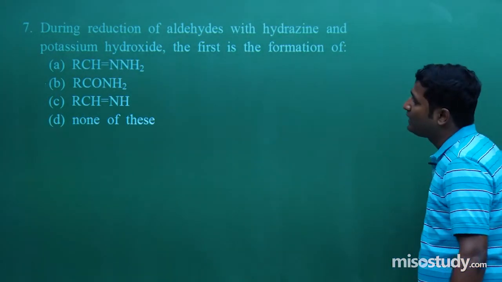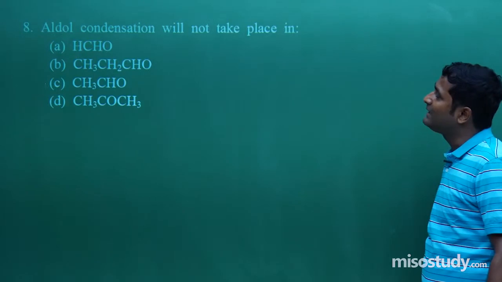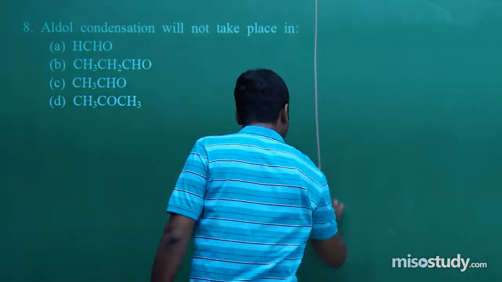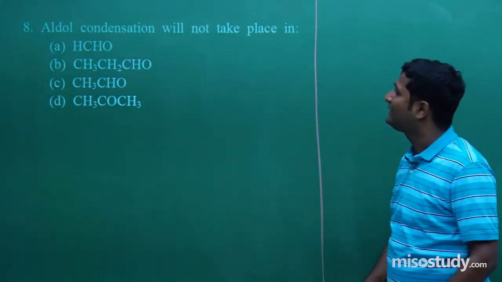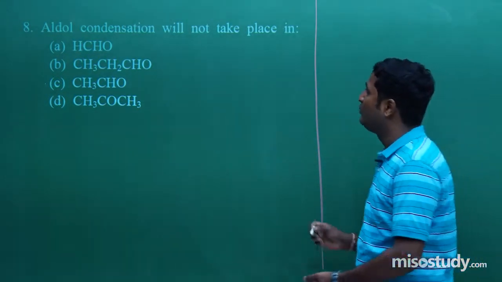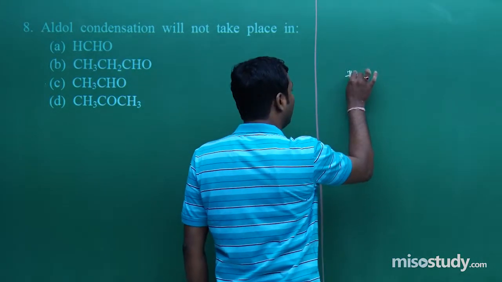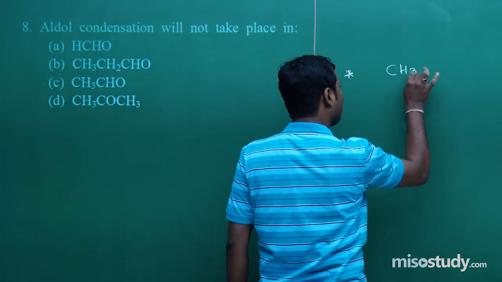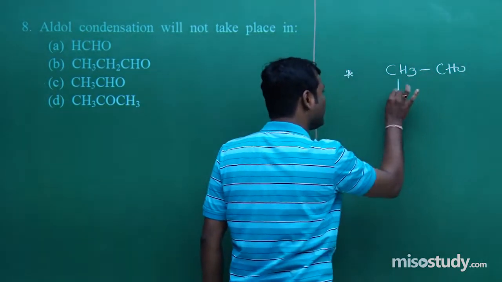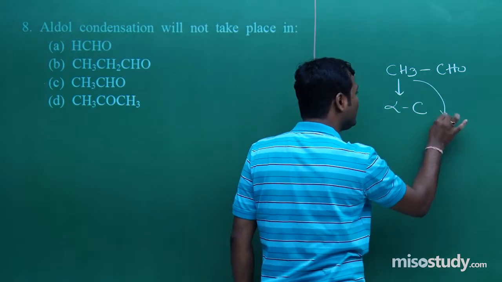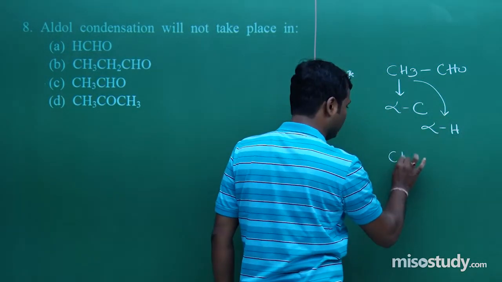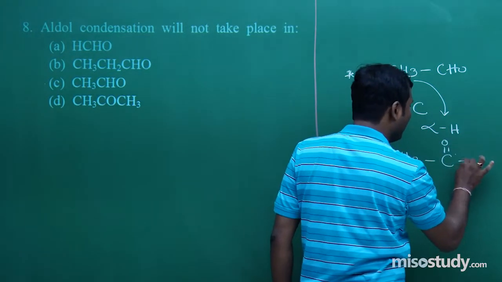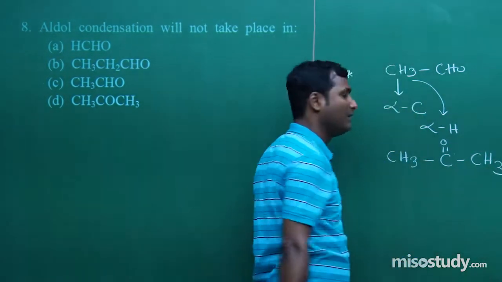Now let's move to the next segment. Aldol condensation will not take place in. Tell me what will happen. As we know, if there is a presence of alpha carbon, meaning alpha hydrogen, then the carbonyl compound will perform aldol condensation.